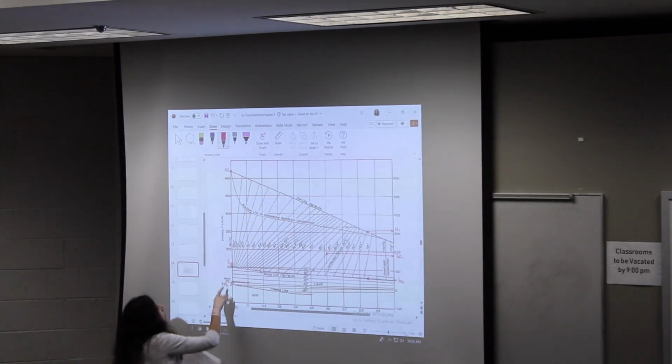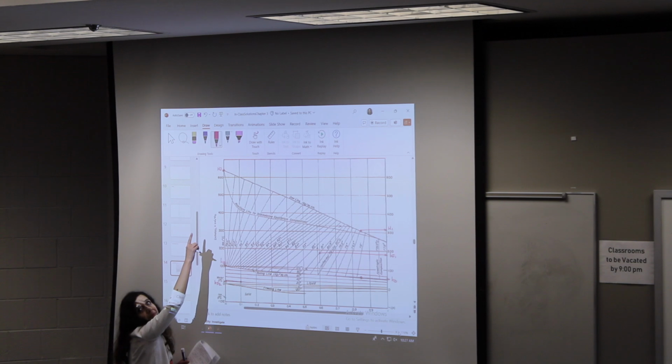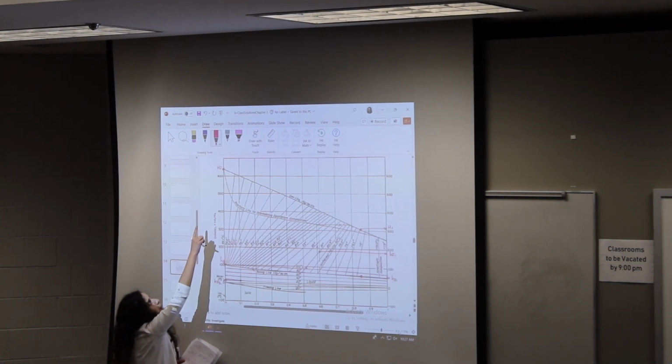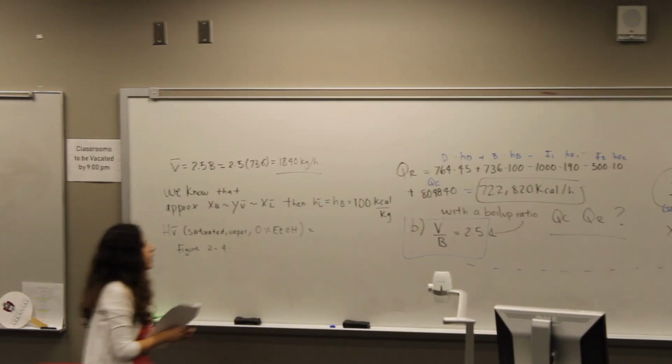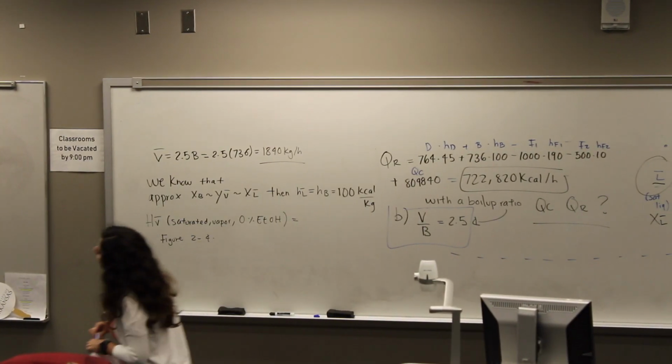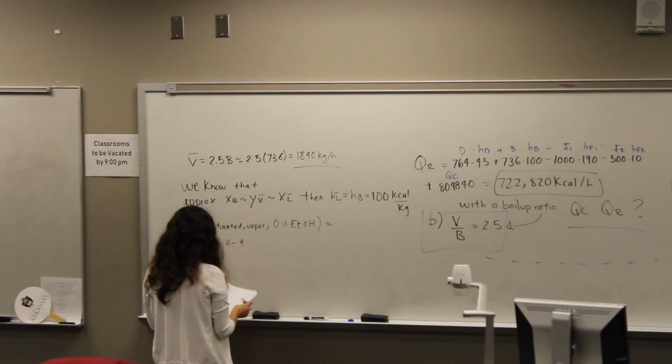So that means that I have to read up there. That's the saturated vapor line. So it's that one. And it's above 600, so 640, 645, 650.